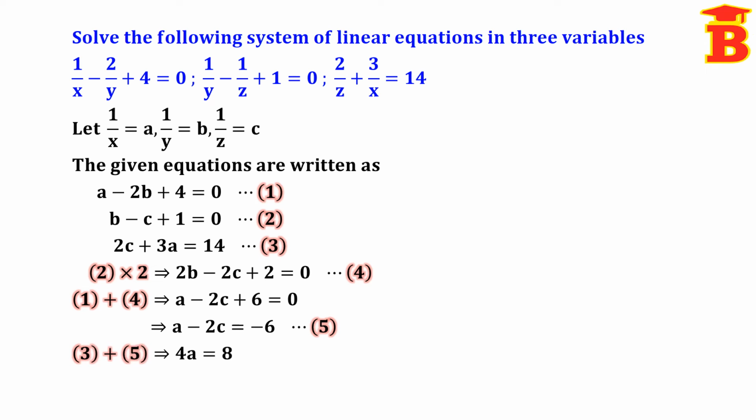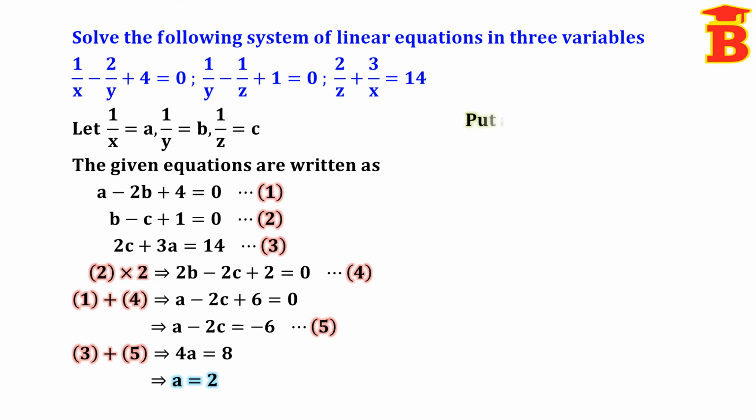That is 3 plus 5 implies 2c minus 2c cancelled. We get 3a plus a, that is 4a. Add the right hand side, 14 minus 6, that is 8. So this implies a equal to 8 divided by 4, which is equal to 2.